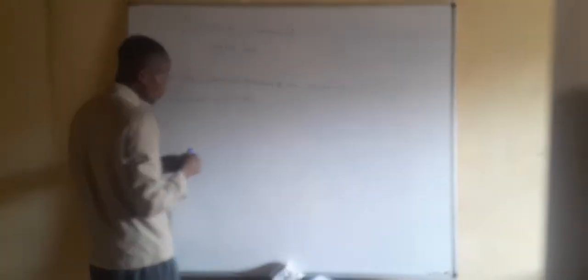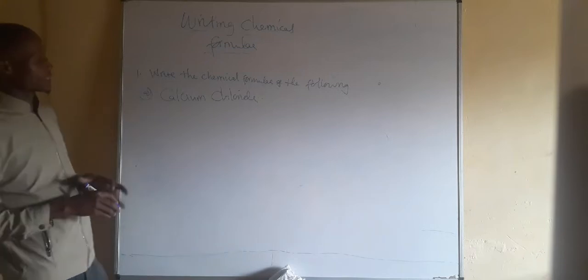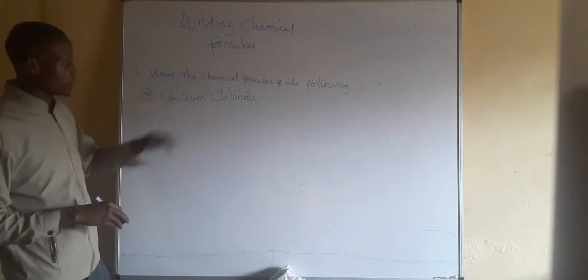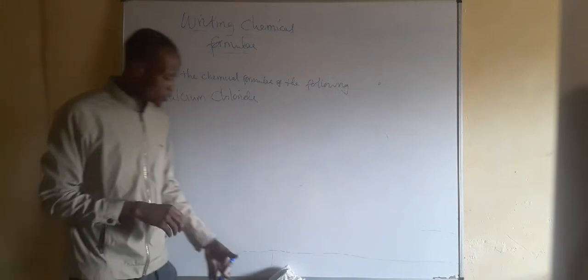Now, when I've been told to write the chemical formula of a certain compound, calcium chloride for instance, there are 3 steps which you need to follow. First step, you must identify the elements and their correct symbols.